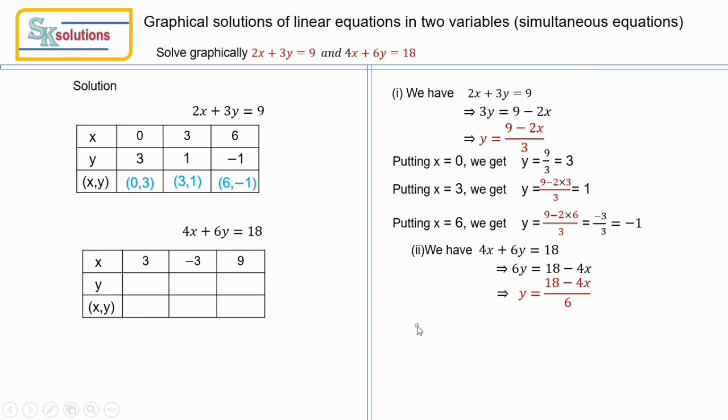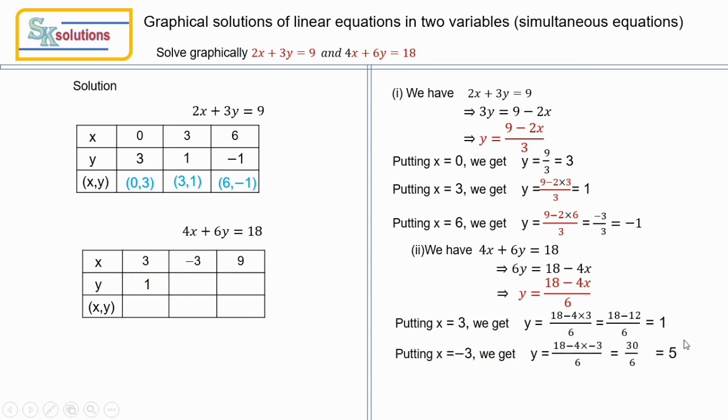So first by putting x = 3, we get y = 1. And by putting x = -3, we get y = 5. And by putting x = 9, we get y = -3. So you have the coordinates here, (3, 1), (-3, 5) and (9, -3).